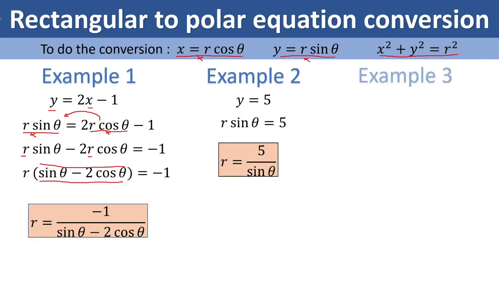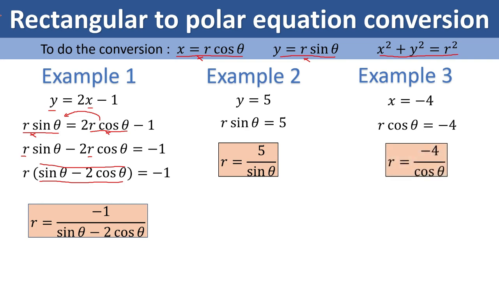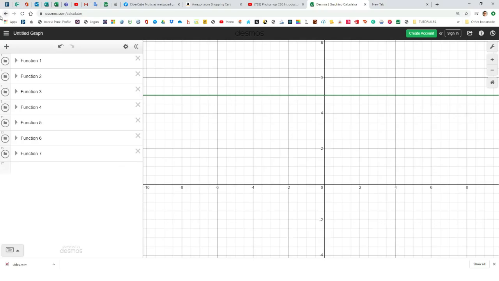Example number 3. X equals -4. You change the x by r cosine of theta. You divide by cosine to solve the equation for r, and it is r equals -4 over cosine of theta. We go now to the graph. It's example number 3.